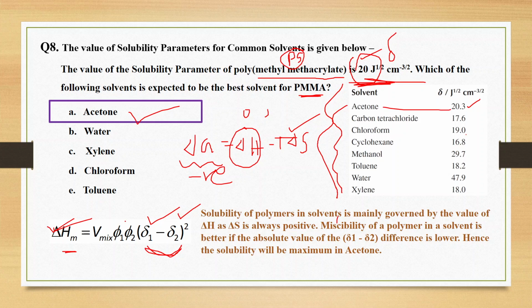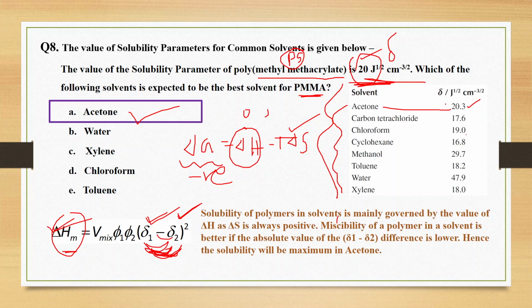So the lesser the difference between delta 1 minus delta 2, one is for the polymer, another one is for your solvent, the lesser the square will be, so your delta H value will also be less. Your whole purpose is to reduce the delta H value. So for that, you need to reduce this difference in the solubility parameters.